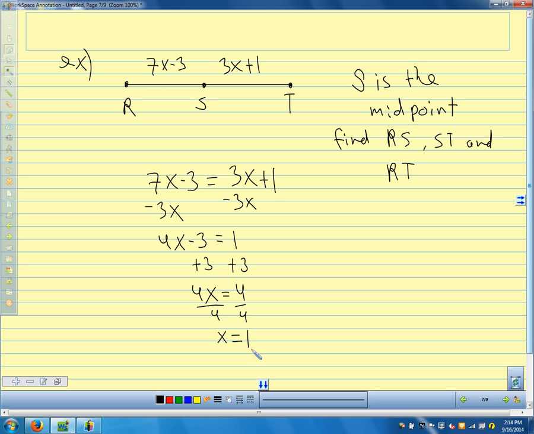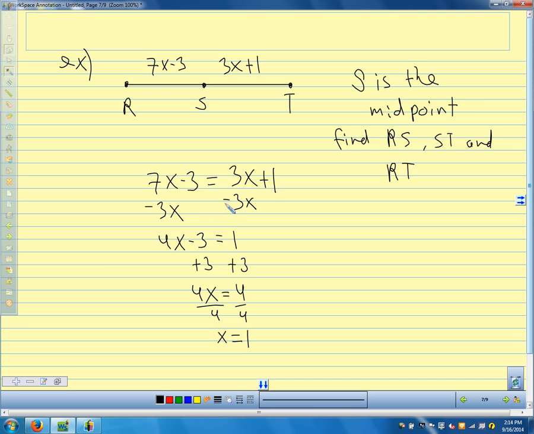Got to plug it in. Yes, Carol. Sure. No, you could have done it differently. This is just the way I chose to do it. You could solve it a different way. So what would you want to do first? So with the midpoint problem, we can't add the two, because this plus this has to equal something.